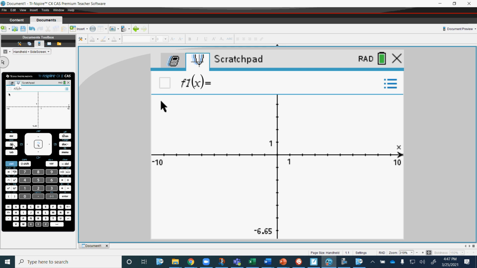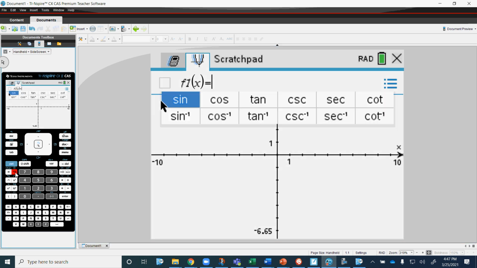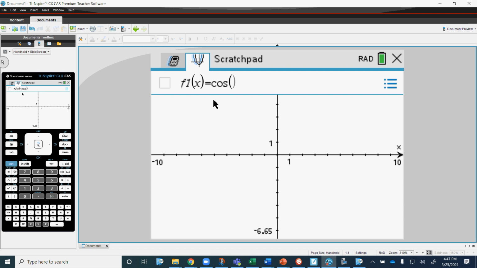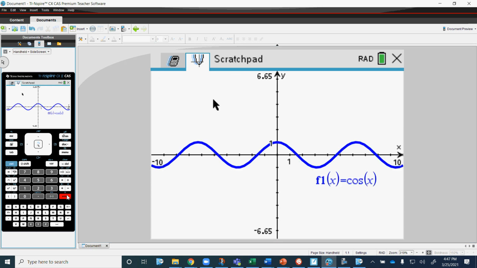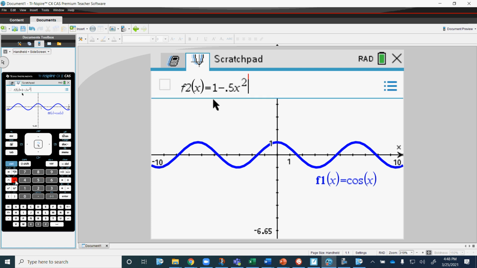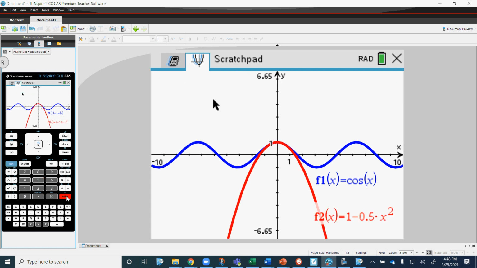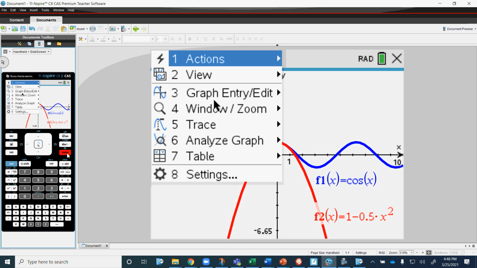Let's say cosine of x, and so there's the given function. And if I put in the polynomial approximation that we got for cosine of x at 0, I got 1 minus 1/2 x squared. And we can see at 0 it's a very close approximation, and we could zoom in on that if we wanted to.